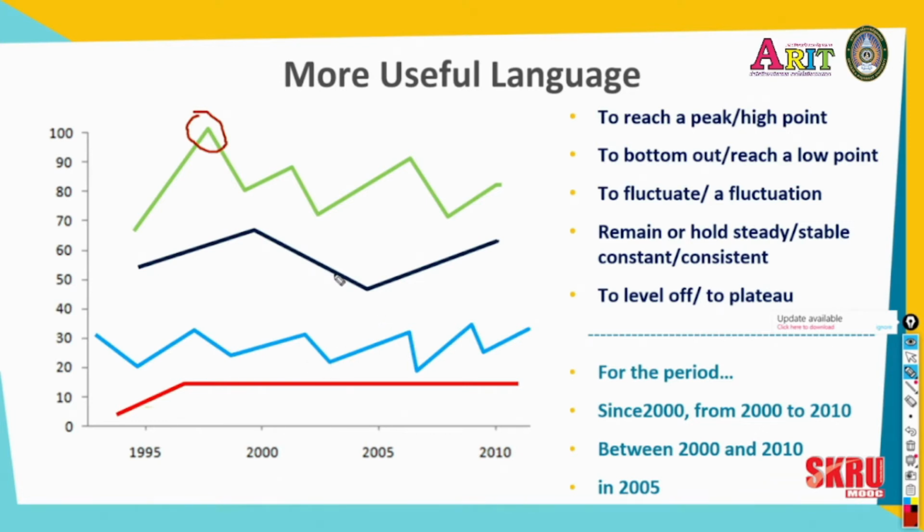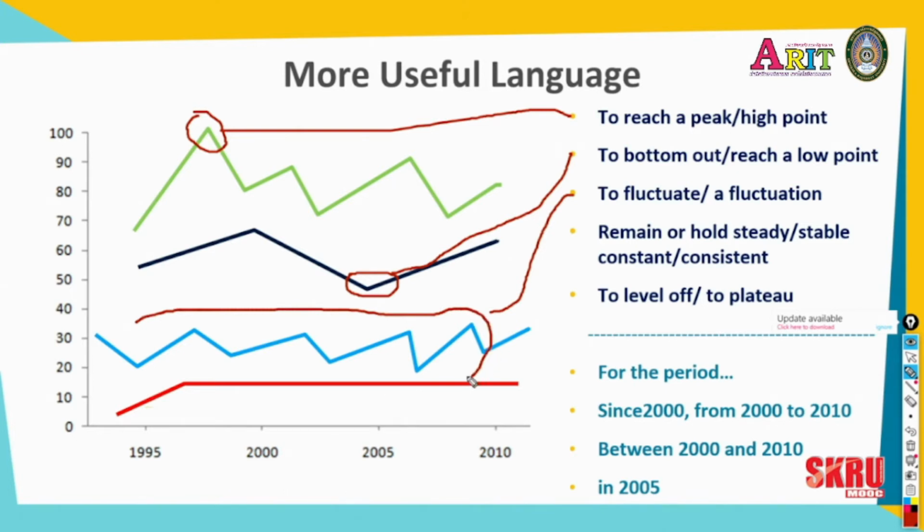On our little black line here, you can see the lowest point before rising again, to bottom out, as opposed to the highest point, to reach a peak. To fluctuate or a fluctuation, that's when we go up and down. So our blue line is an example of fluctuation. Sales fluctuate dramatically.